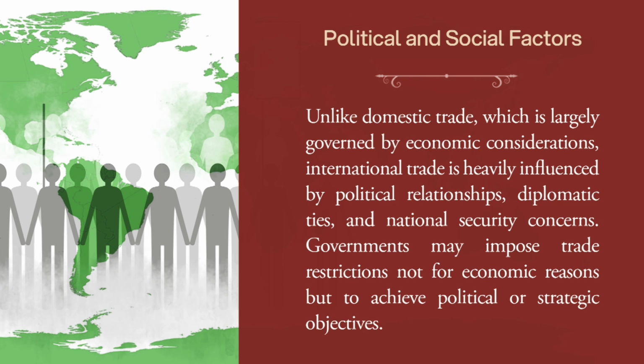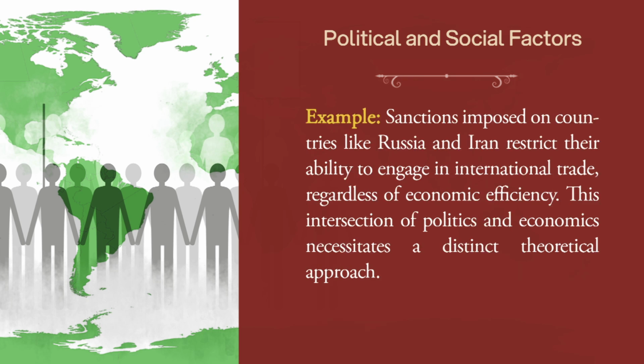As a result, in spite of having comparative advantage, or in some cases absolute advantage, between two countries, the government may impose trade restrictions not for economic reasons, but to achieve political and strategic objectives. For example, sanctions imposed on countries like Russia and Iran restrict their ability to engage in international trade regardless of their economic efficiency.